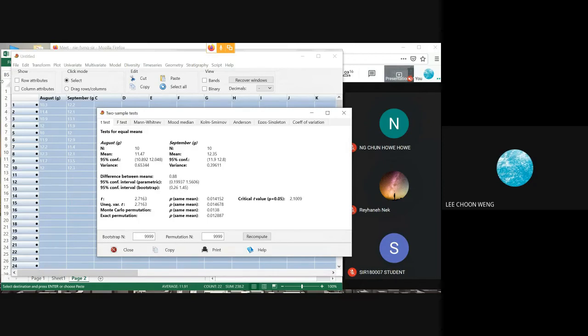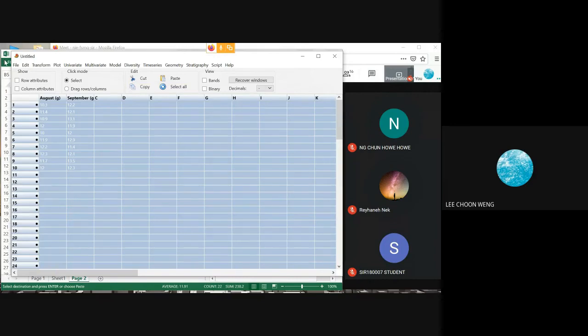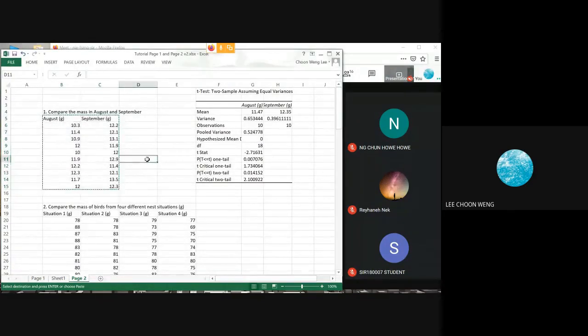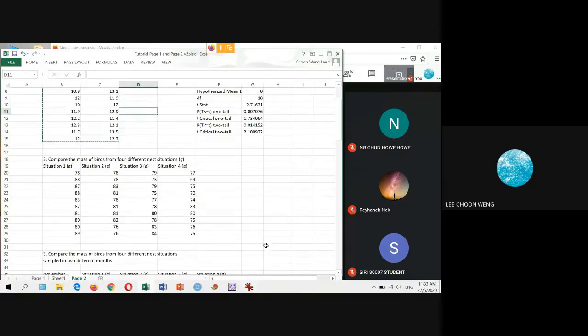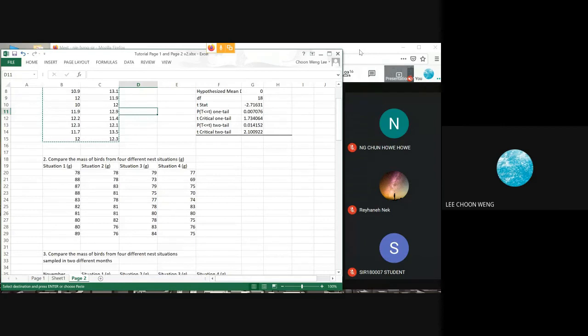Okay. So next you have this. You have to compare the mass of birds from 4 different nest situations. Okay, so if you're comparing from 4 different situations, what test do you think you should use?